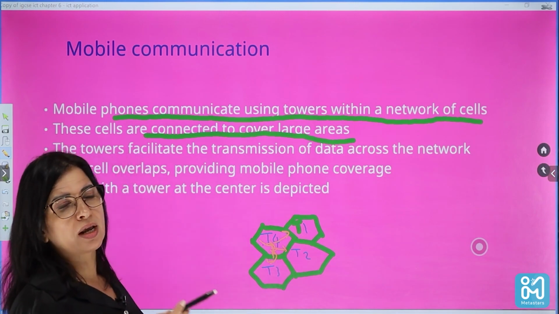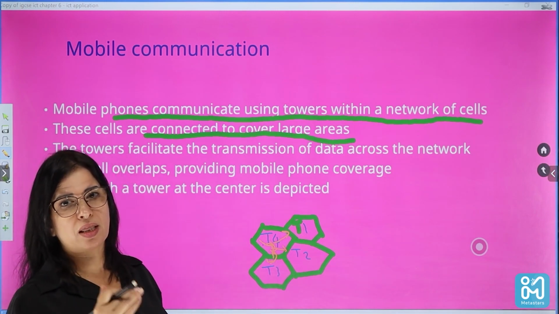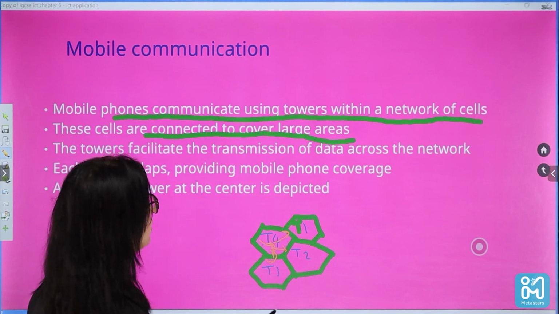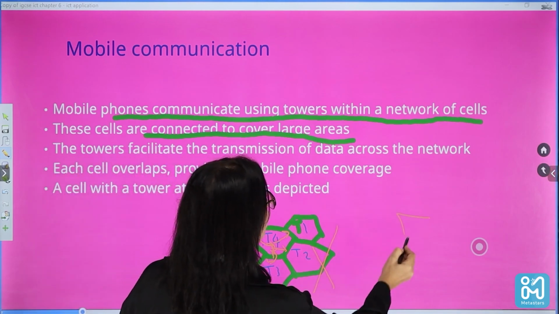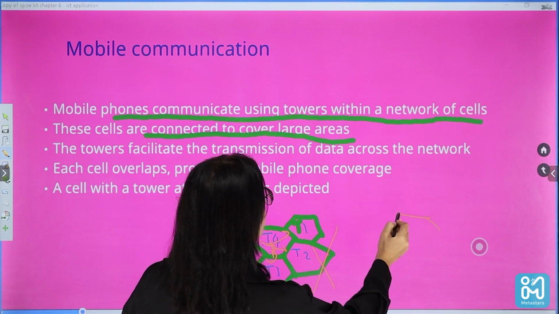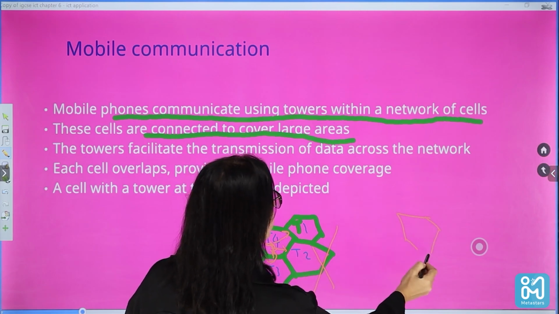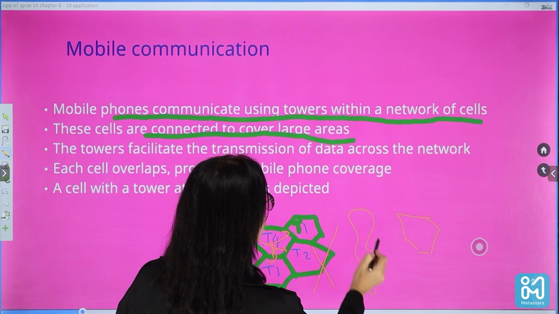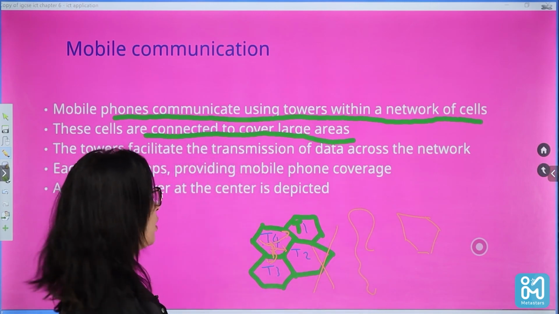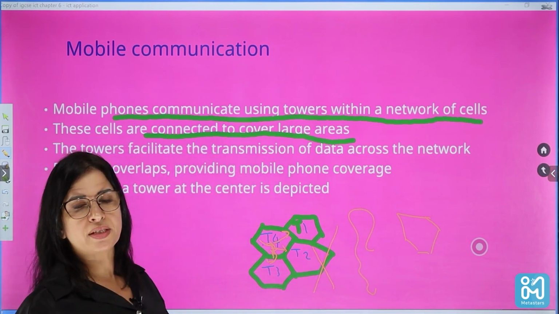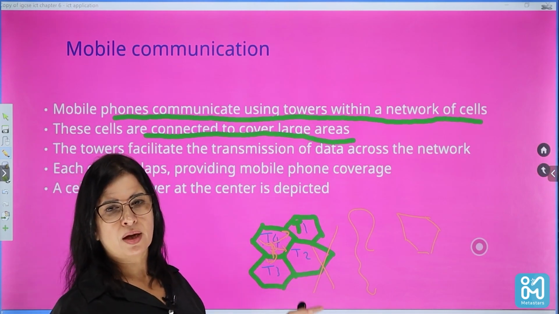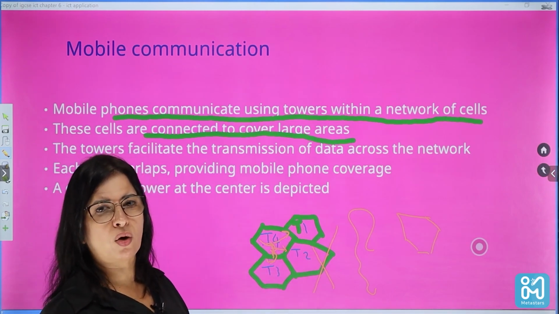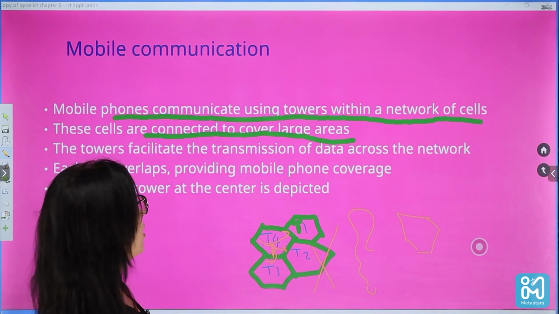So there is no cut in the signal unless there are no cells. For example, in this area there are no towers, so there is no connection. But almost all cities have a cell system to cover almost all of the city or town that you are in.